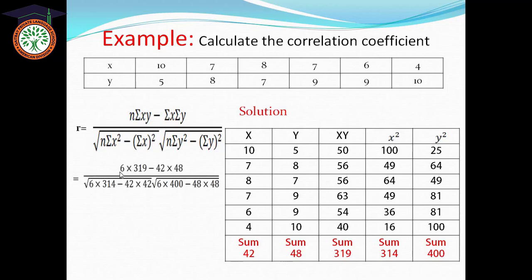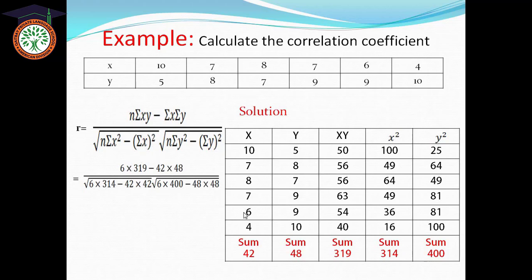Substitute it. n will be 6 times the sum of the product X times Y, which you get from the third column, 319, minus the sum of X times the sum of Y, 42 times 48, over the square root of n, which is 6, times the sum of X squared from the fourth column, 314, minus the sum of X all squared.